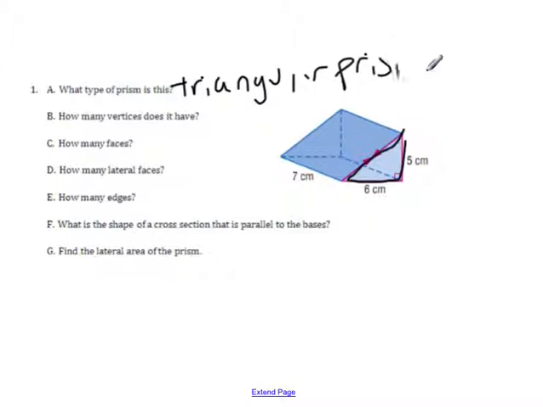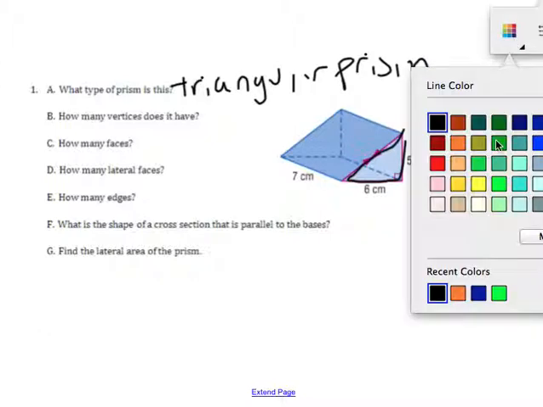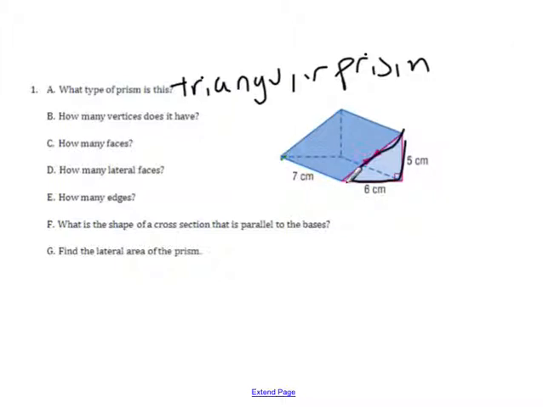And how many vertices does it have? To calculate the number of vertices, we need to count how many points there are. There's one point here, one point here, so that's 1, 2, 3, 4, 5, 6. So there are 6 vertices. How many faces? Well, there's a face here, a face here, a face here, a face here, and a face on the bottom.